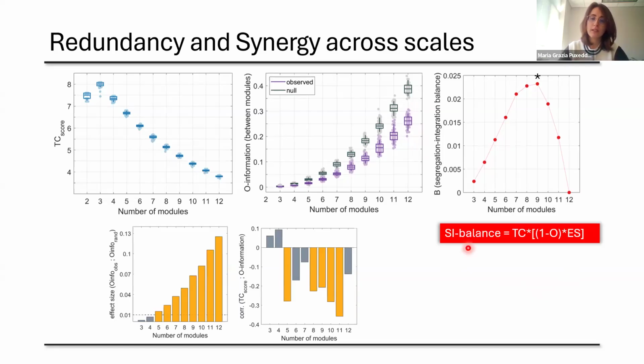So if we compute this index across spatial resolutions, we observe this bell-shaped distribution, and we found that partitions that have between 7 and 9 clusters are the partitions that show the highest balance between segregation and integration of information in the brain functional connectivity.